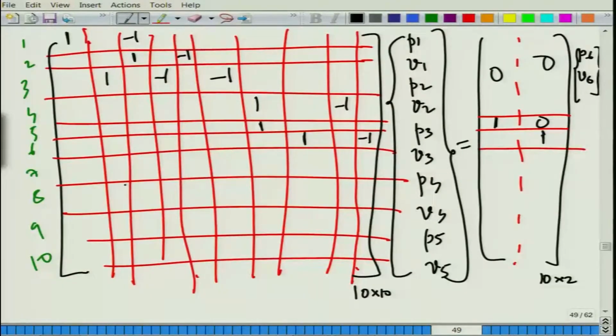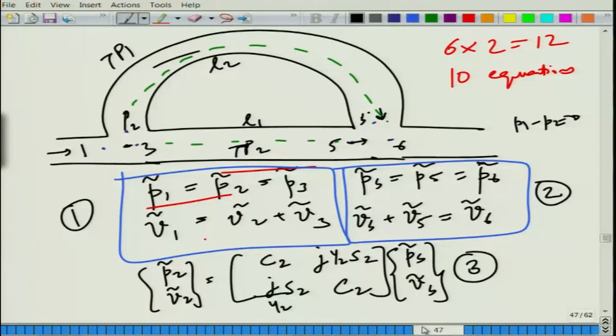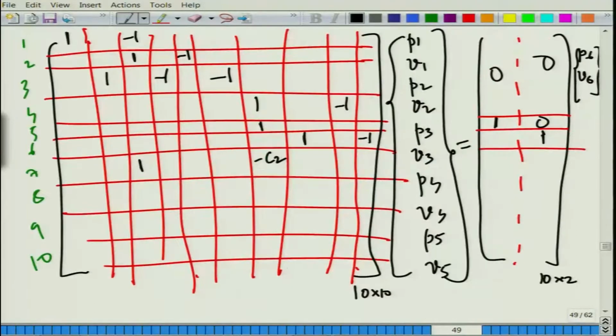So, here this entry will become 1, and then your P4 entry will be minus C2, is it not, and then there will be minus J S2 Y2 sitting here. And what is the other equation that we have? We have V2, okay. V2 is this thing, and minus J sin Y2, you have such a system, okay.